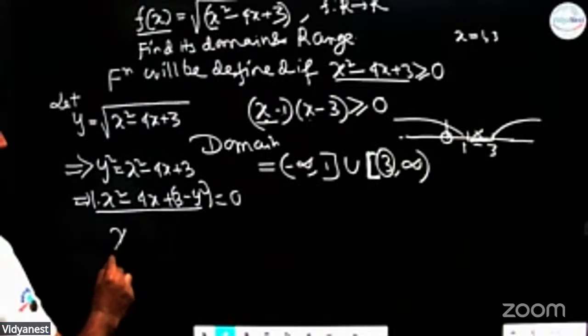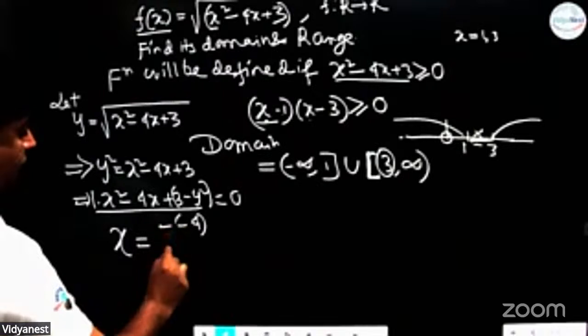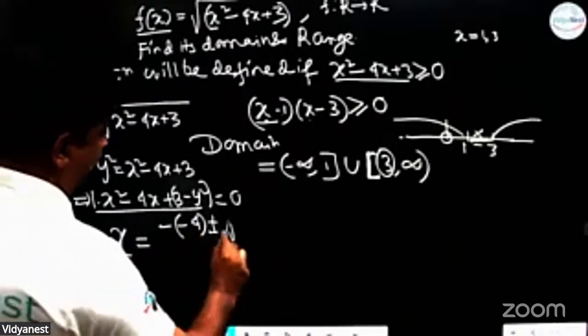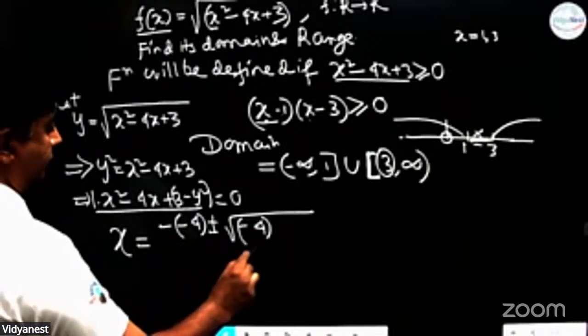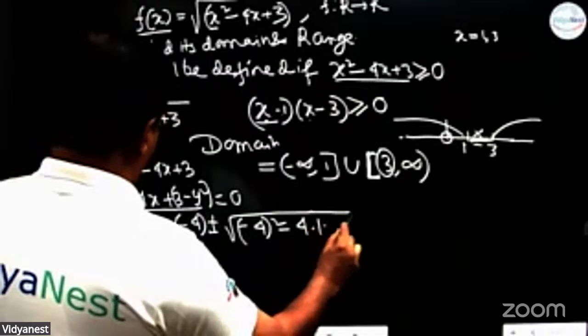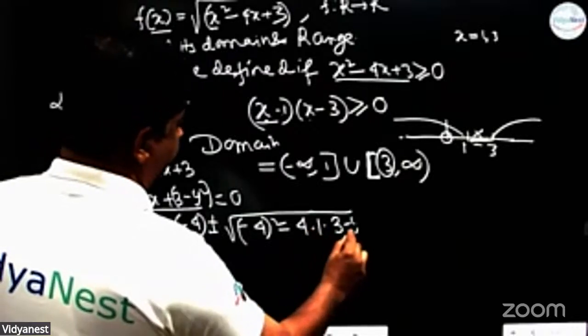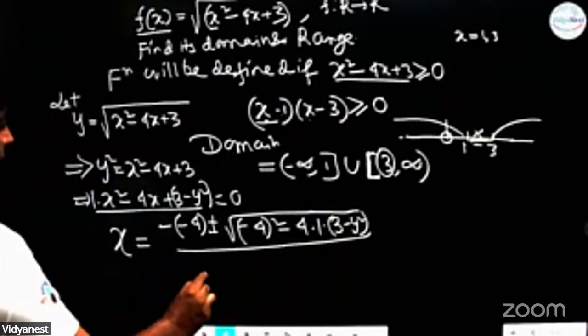So what will be x? Minus b, so minus of minus 4, plus minus square root of b square minus 4ac, by 2a.